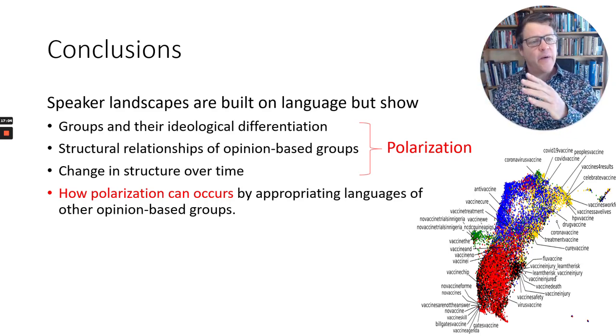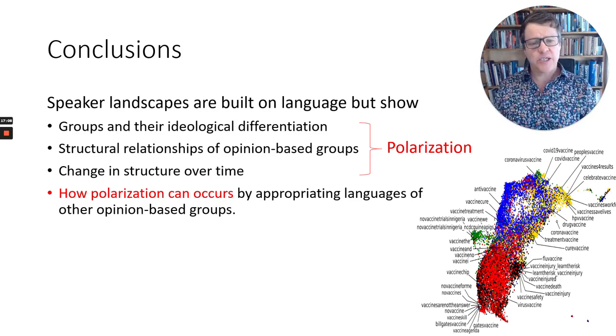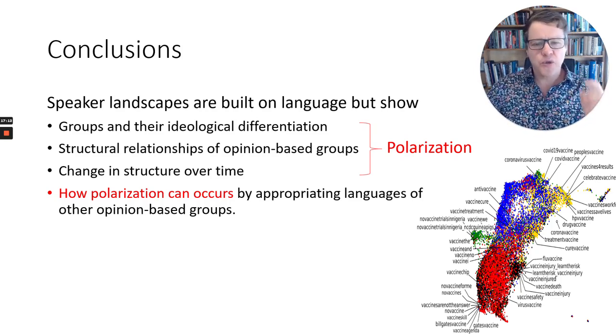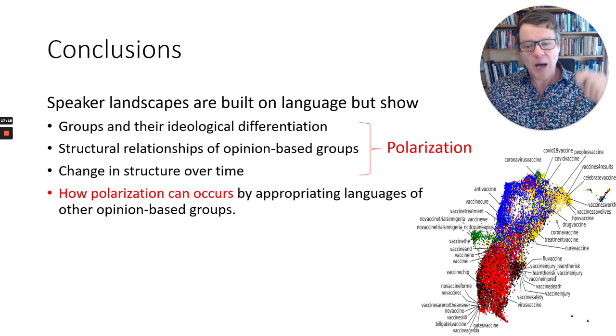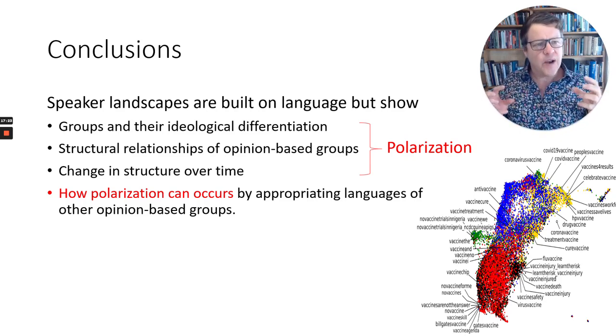We can study how the structures change over time, as we did with the vaccination debate. So the speaker landscapes appear to be a powerful tool for studying polarization, but they don't only allow us to identify polarization, they also tell us how polarization occurs through the appropriation of language.